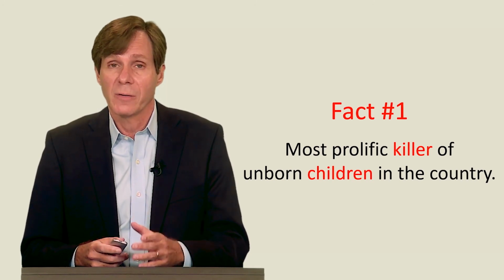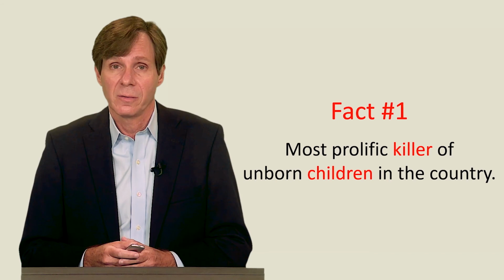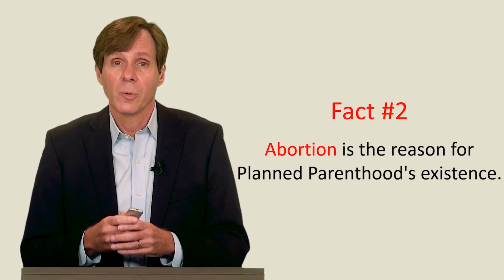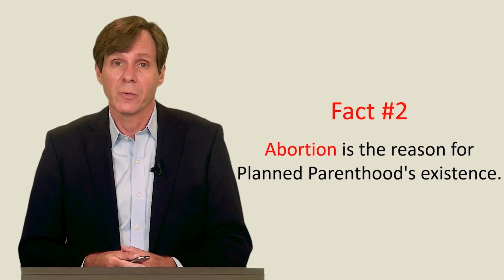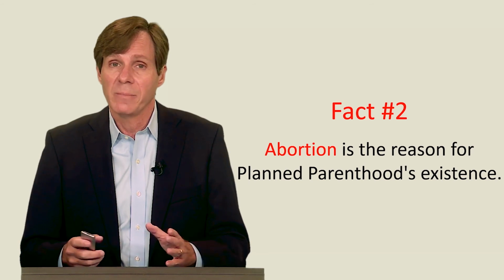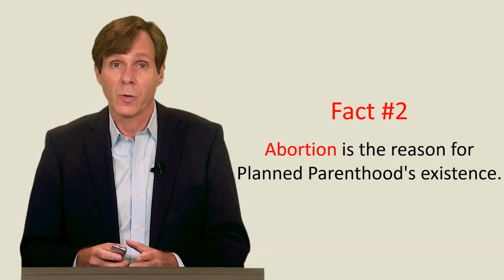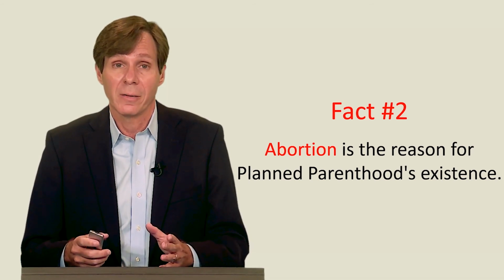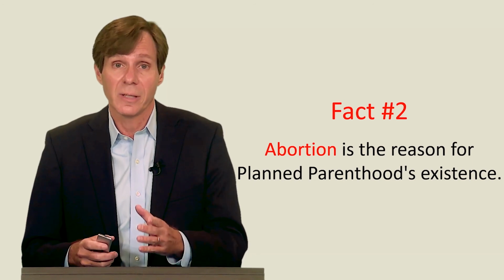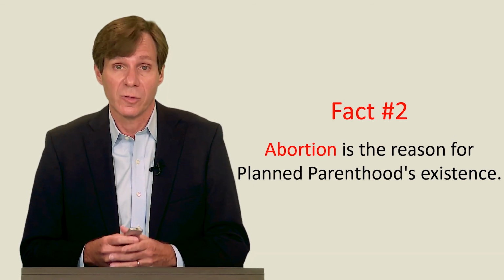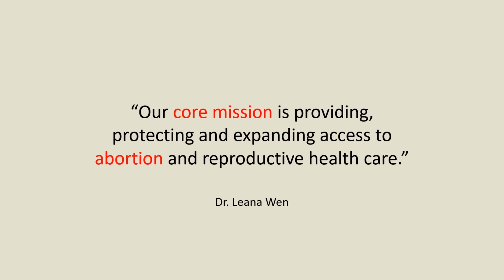That's 1 abortion every 97 seconds. Fact number 2, abortion is the reason for Planned Parenthood's very existence. They spend millions of dollars trying to convince the world that their core mission is actually women's health care. But that's simply a falsehood, recently admitted by their most recent past president, who stated, "Our core mission is providing, protecting, and expanding access to abortion and reproductive health care."